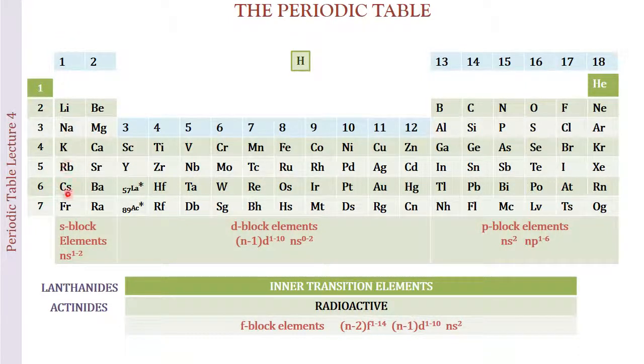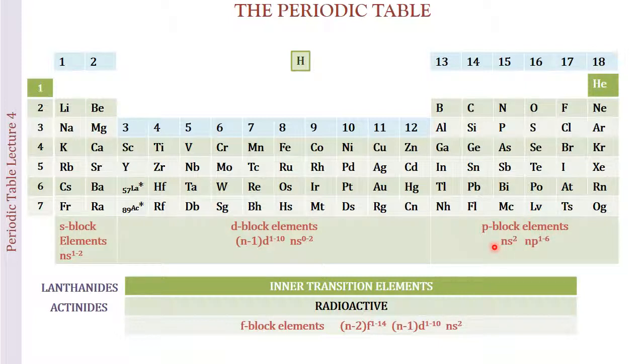For the first group it is going to be ns1, and for the second group it is going to be ns2. Okay. And why have we divided them into blocks? Because these elements will have many properties in common. We will be discussing the important similar properties of the elements in one block in the next lecture.